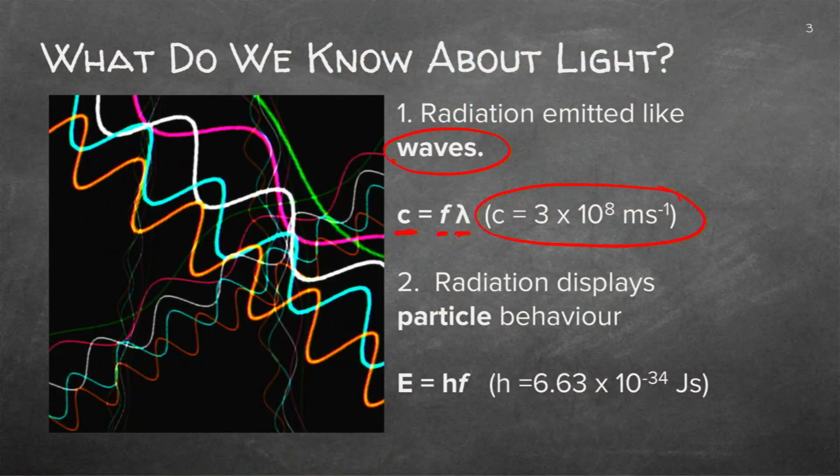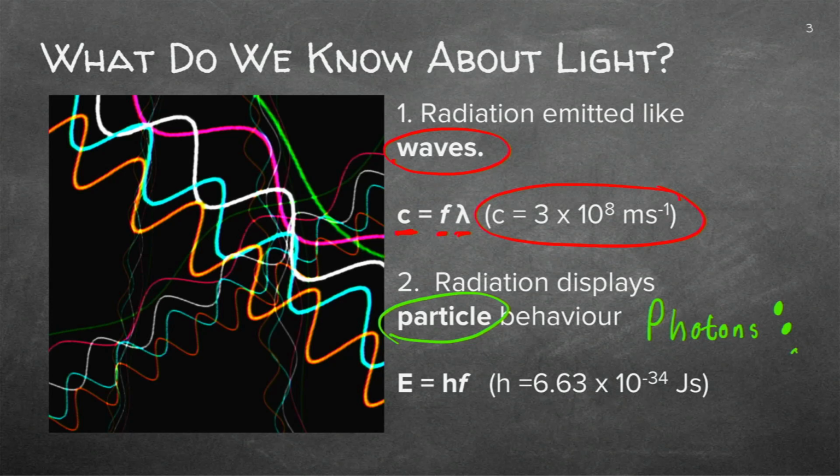Now, in this section, we will see that light is also a particle, which means it's got a body and it's got energy. And therefore, we will say it is comprised of little particles, which we call photons.